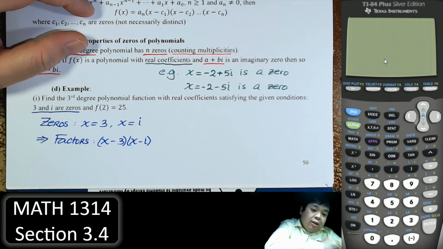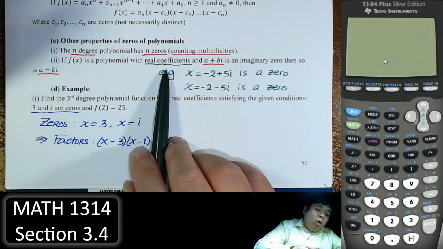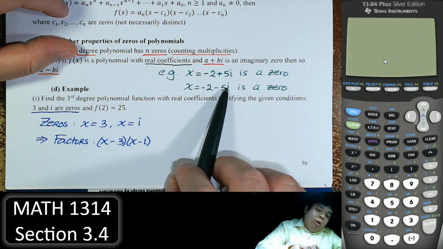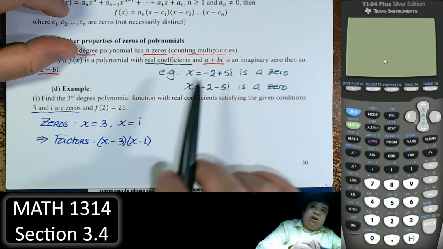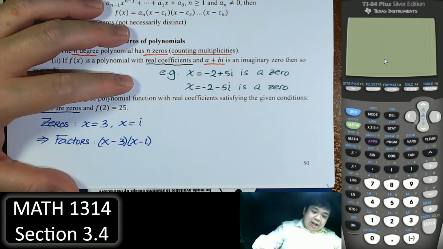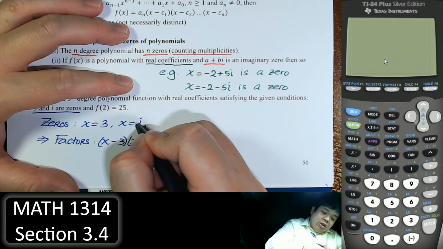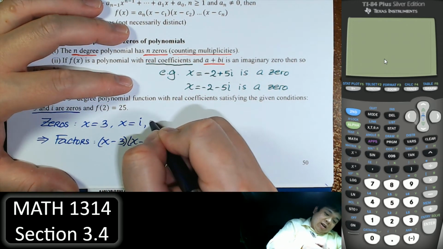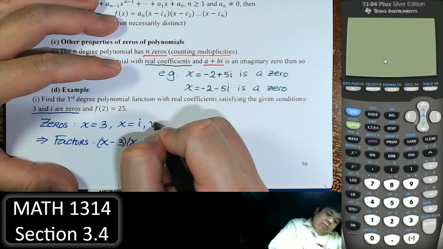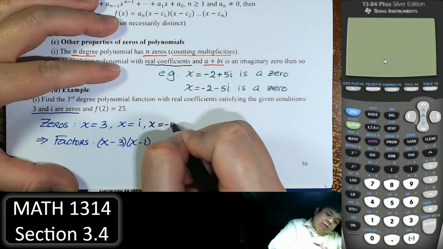Right, so if it is a real polynomial with real coefficients, if this is a zero, then we have another one like this. Now if i is a zero, then the one opposite to that, we just change the sign from i to negative i. So according to this theorem, we also have x equal to negative i as well.